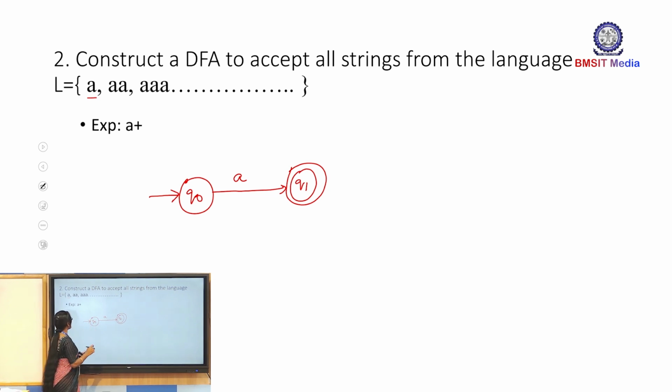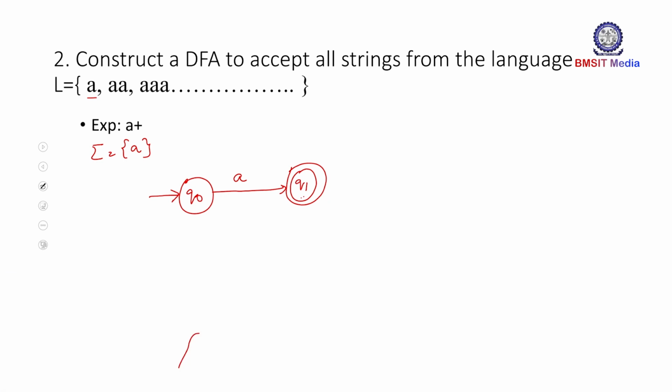The language consists of a single alphabet, which is A. Q0 has already made a transition over A. Now coming to Q1, Q1 has not made any transition for the input symbol, so we need a transition for the input symbol here.